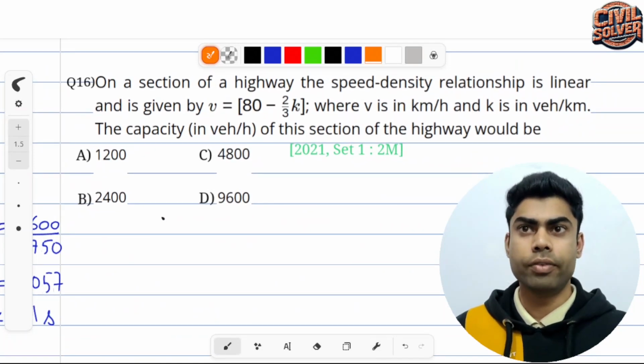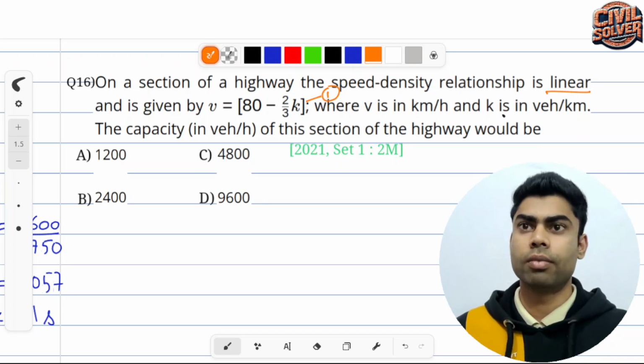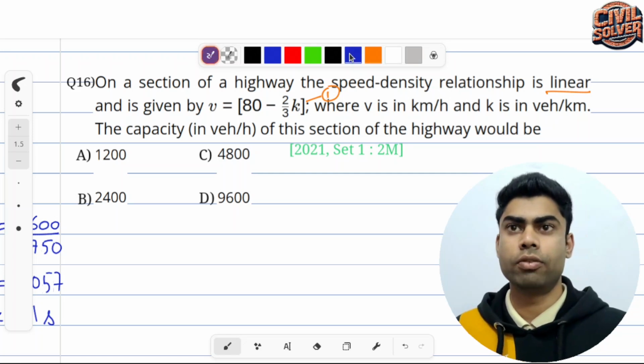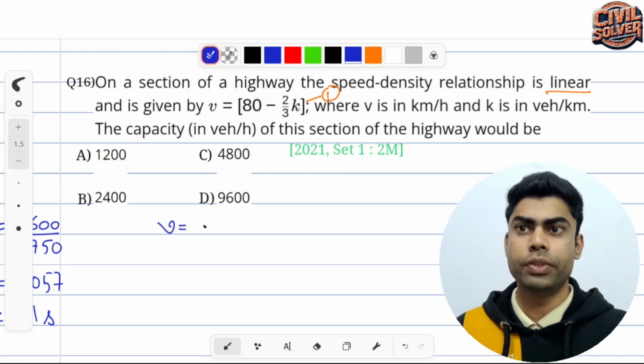On a section of a highway, the speed density relationship is linear. Again, linear means Greenshield's model, and is given by this equation: V is equal to 80 minus 2/3k, and I am numbering this equation as equation number 1, where V is in kilometer per hour and k is in vehicle per kilometer. The capacity of this section of the highway would be, again we know that for Greenshield's model we have V is equal to Vf minus Vf by kj times k.